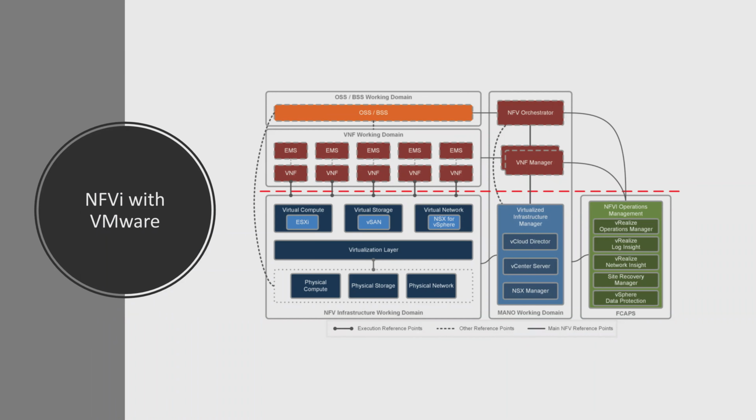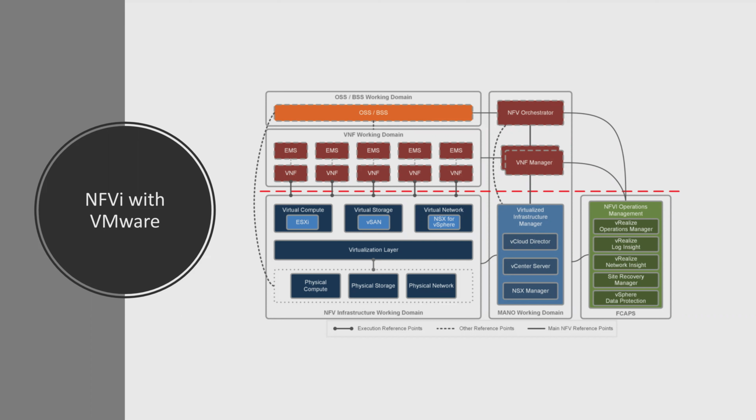So in the next slide, I would like to give one more example, that is NFVI with VMware. In a similar fashion to what I explained for OpenStack, just to correlate this with the ETSI architecture. Underneath you have physical compute, physical storage, and physical networking, and on top of that you have the virtualization layer.